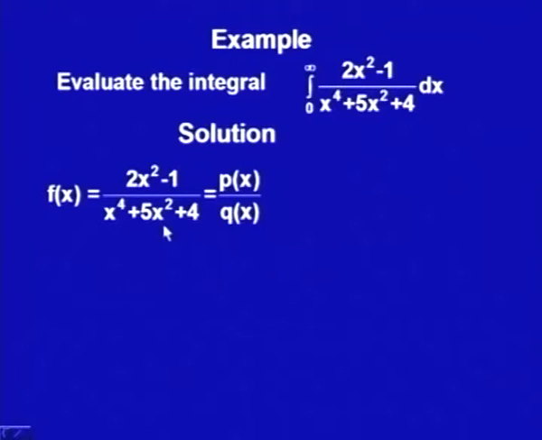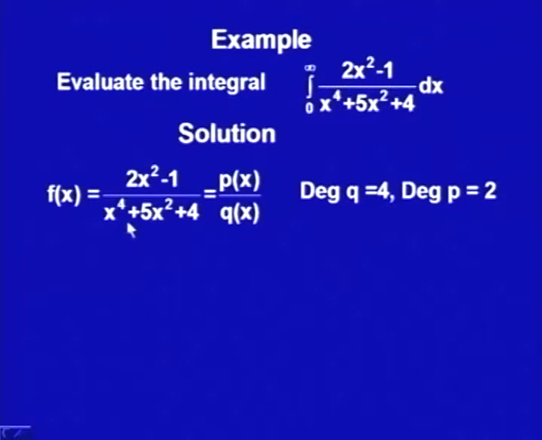So, the degree of q is 4 and the degree of p is 2. So, the difference is 2. We want at least 2. So, it is 2, satisfying the conditions of the method I just explained. Another condition was that the denominator q should not have any real zero.